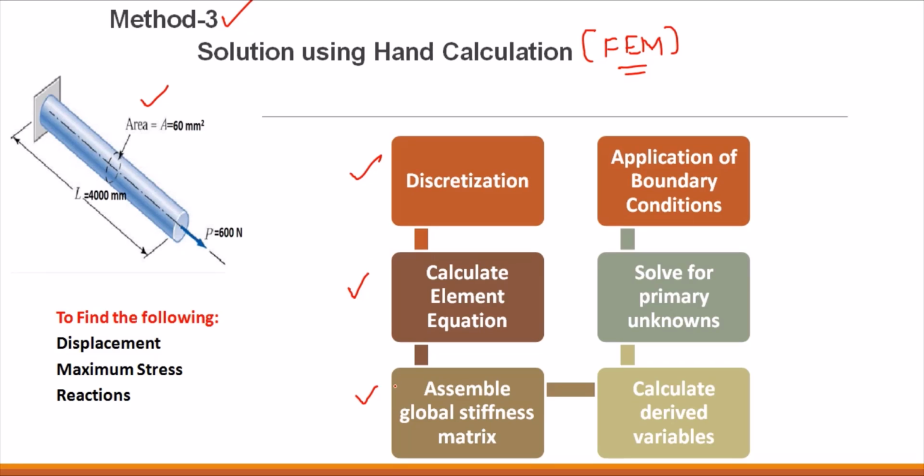Again in this also we will calculate the displacement of this bar subjected to the tensile force, then I will calculate the stress along this bar, then I will calculate the reaction for this bar. So that will be in the next tutorial.